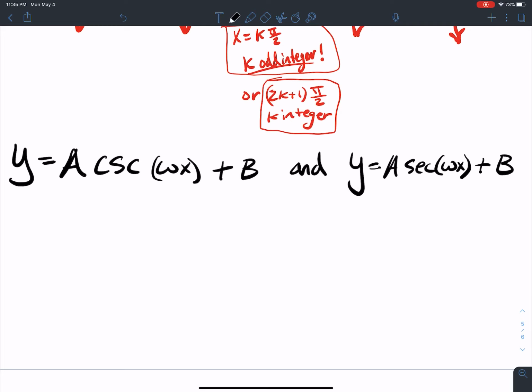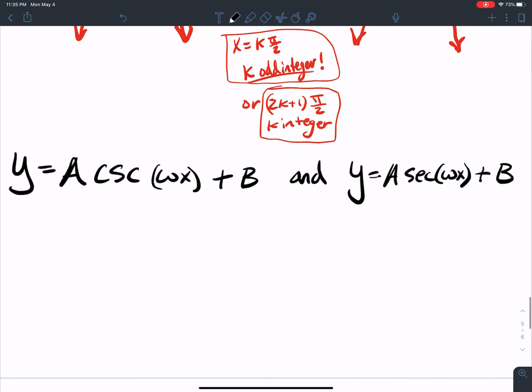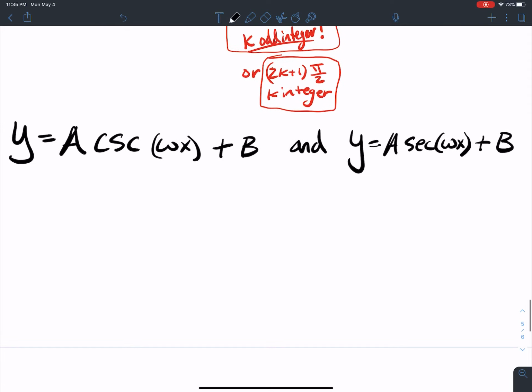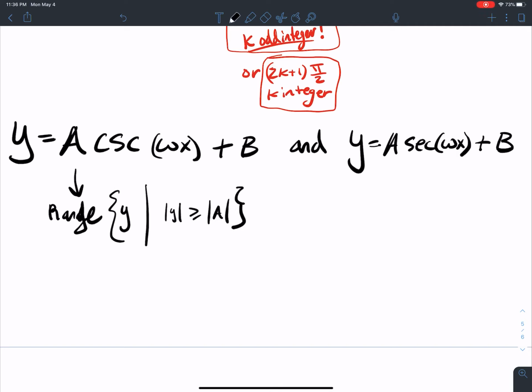So if you had this one here, the range would be y such that the absolute value of y is greater than or equal to the absolute value of a. Okay, so what do I mean by that?